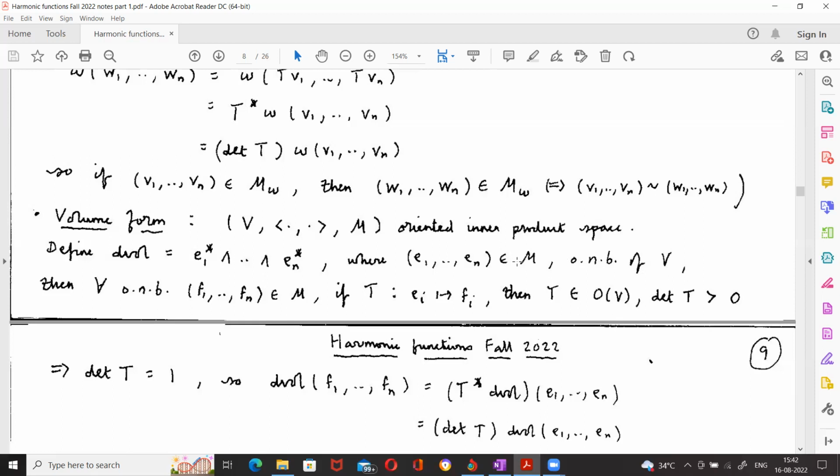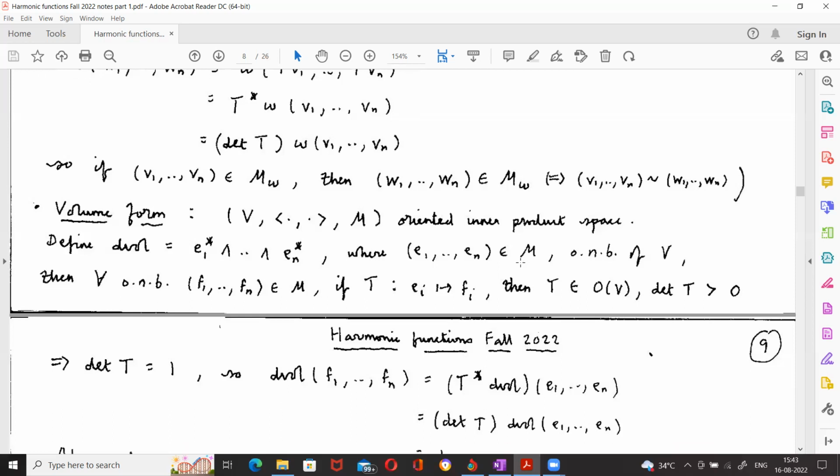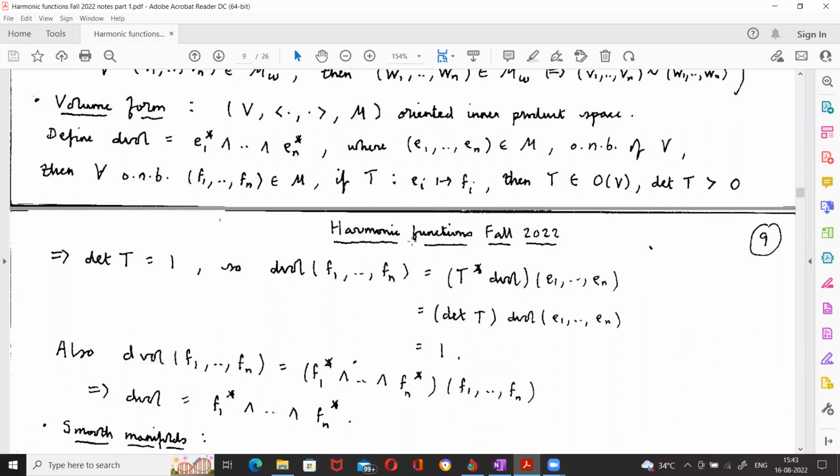Notice if I have any orthonormal basis, either it belongs to mu or it does not. If it does not belong to mu, I can just interchange the first two basis vectors so that it belongs to mu. So I can always find such a positively oriented orthonormal basis, right? Yes.